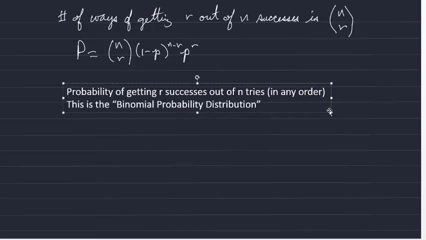Okay, so the binomial distribution is relevant when little p does not change with each successive trial. We've assumed that little p here is constant with successive trials. Let me write this down here.